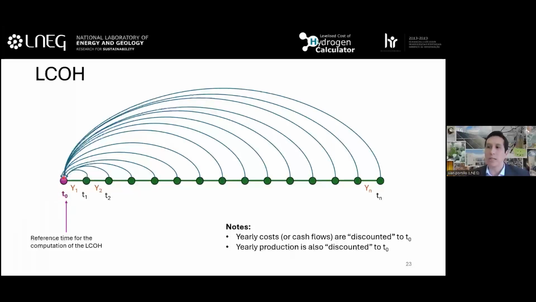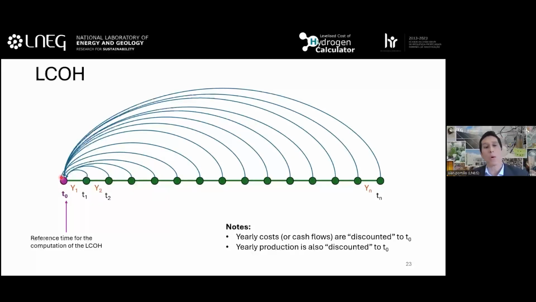Okay, so this T0 here represents that reference time. We assume that the capex are spent overnight, which is not true, because we have been working on a project since 7 years before, okay? But we translate those costs also to that point. And in here, we will have our capex.